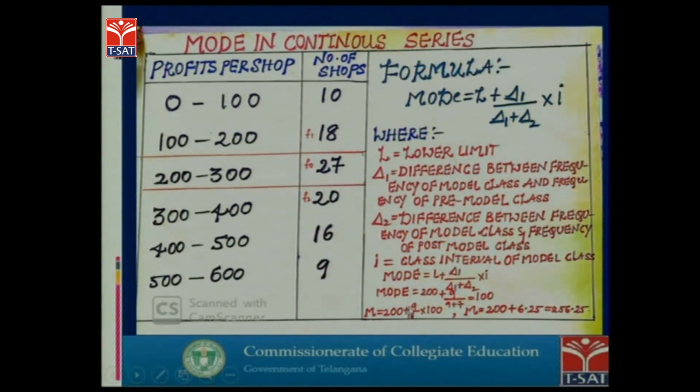So, we have 9 divided by 16. 9 divided by 16 into I will give M is equal to 200 plus 56.25, which is equal to 256.25. In this way, we calculate mode in continuous series.